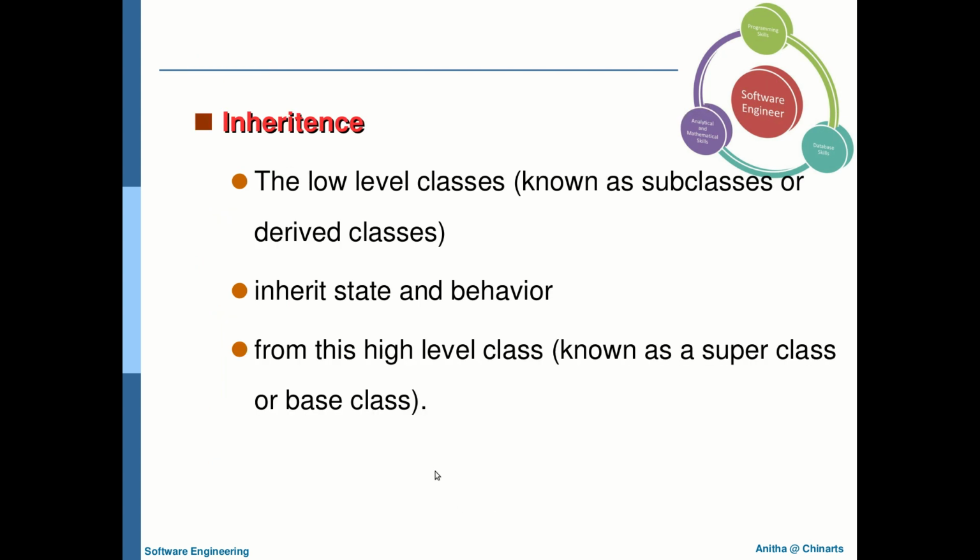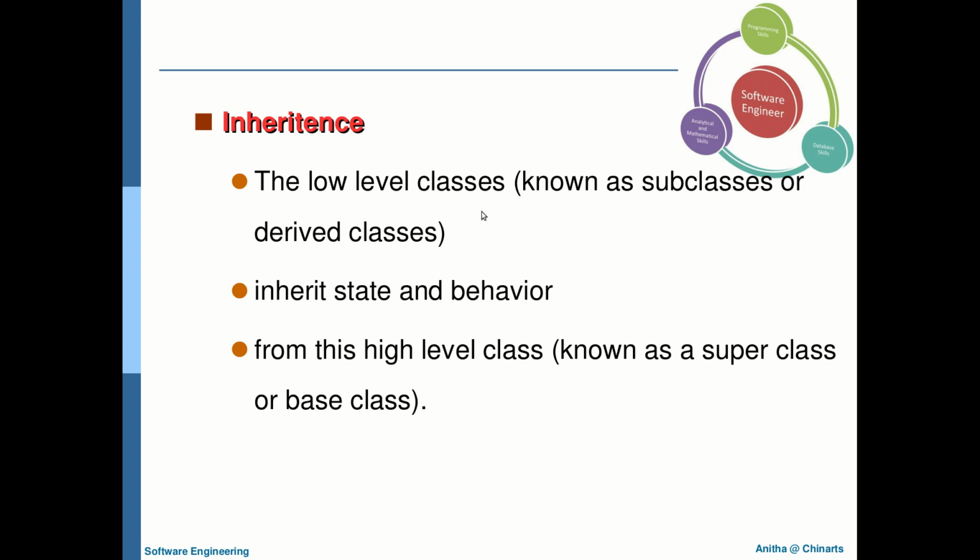Now the next important term that you have to come across is inheritance. Inheritance is nothing but inheriting the qualities of one class to another class, which you are already familiar with. There will be different levels in the inheritance also.